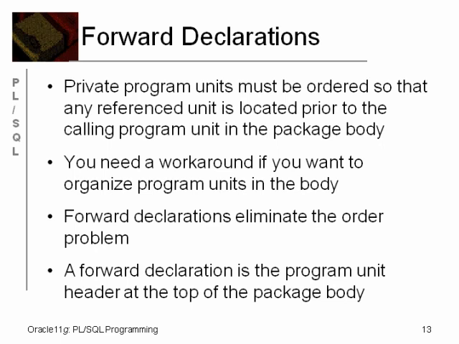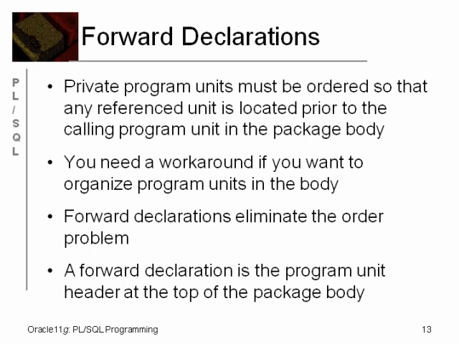Now, forward declarations. I don't actually have an example to look at, but the idea is that we might have some private program units, and these are often referenced by another program unit inside the package. Remember we talked about the order of everything being declared in the package being important.